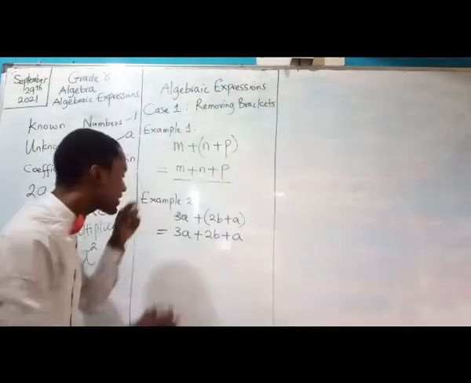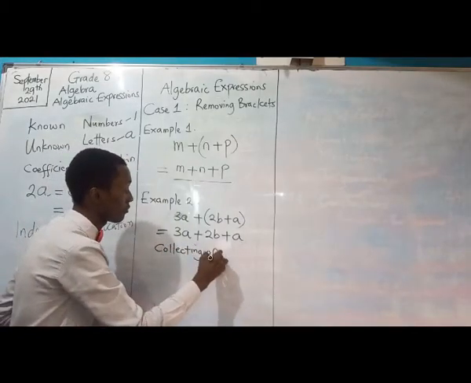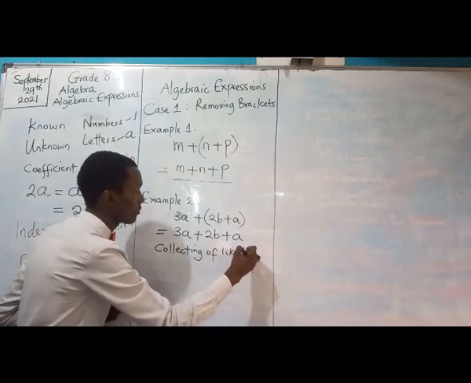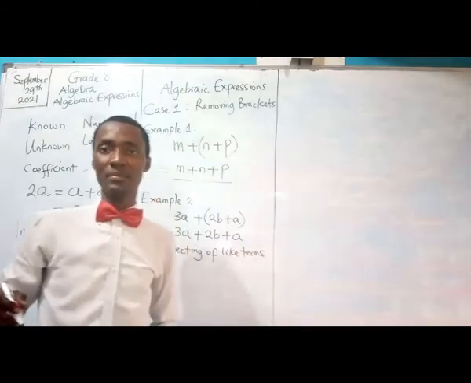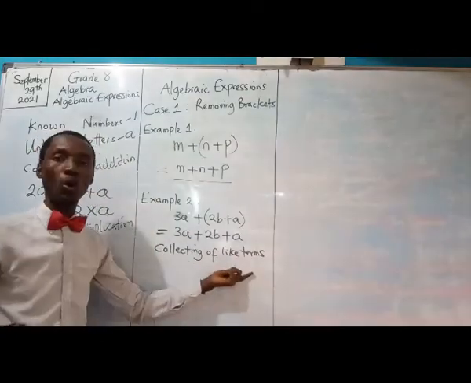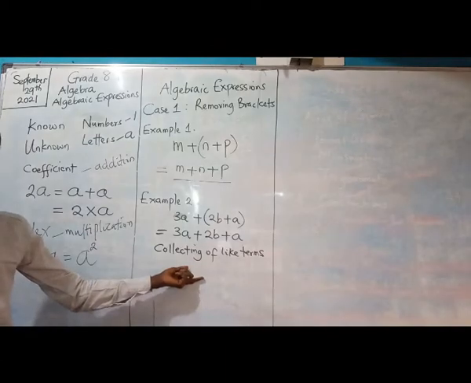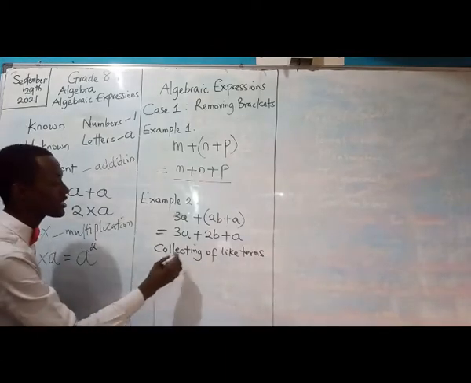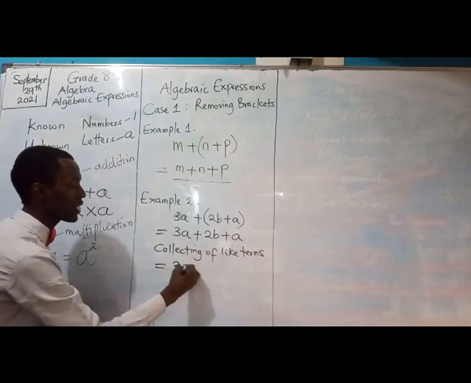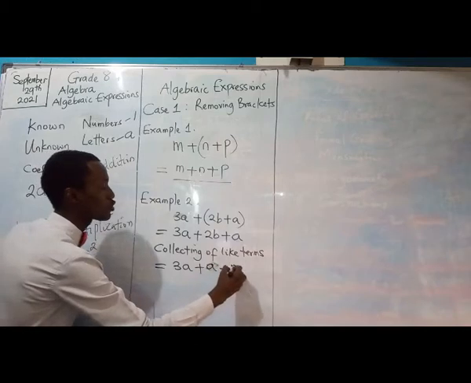Now, collecting of like terms will always occur in algebra, and I want to trust that you've already done that very well in your grade 7. So what do? The next thing you do is to arrange this. 3a plus 3a plus a plus 2b.